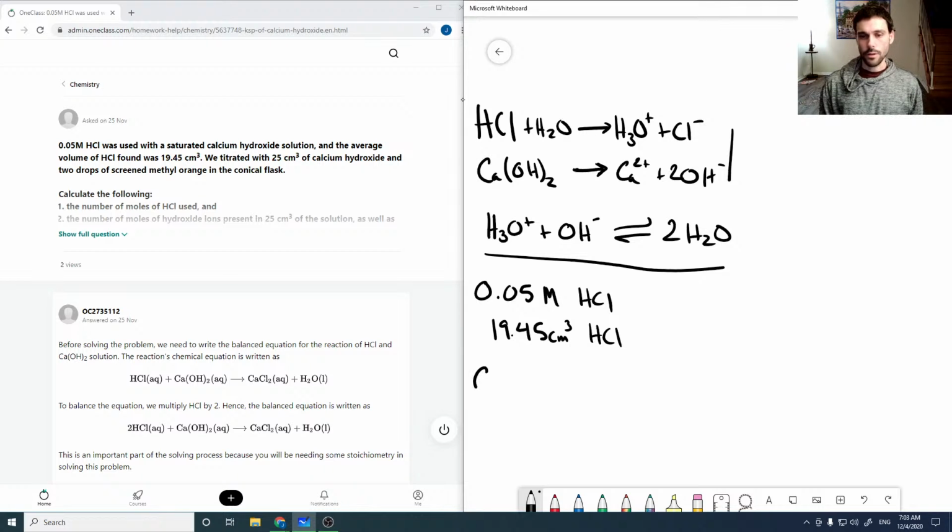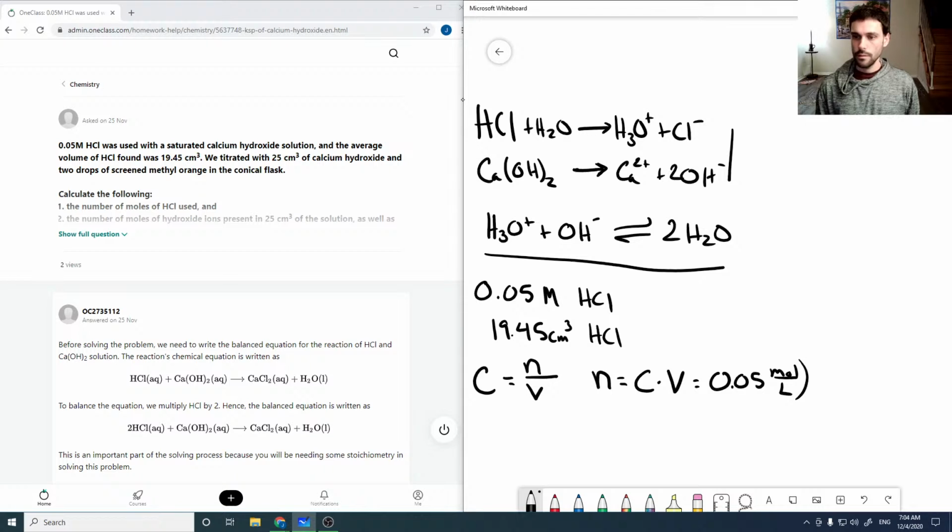Okay, so our concentration is our moles over our volume, and so our number of moles is our concentration times our volume, which in this case is 0.05 moles per liter times this 19.45 centimeters cubed.